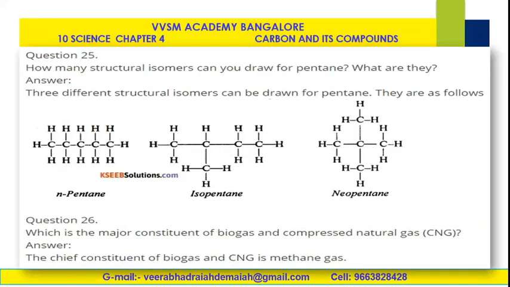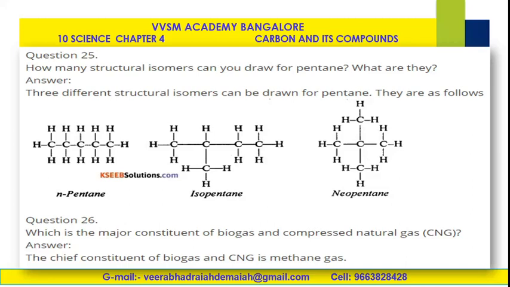See how many structural isomers there are. What is an isomer? Isomerization is nothing but having the same molecular formula but different structural formulas. Suppose, for example, pentane. Pentane has the formula C5H12. This C5H12 is called a pentane molecule.